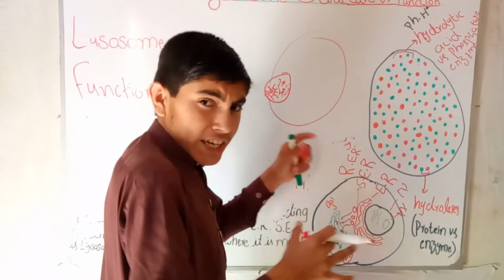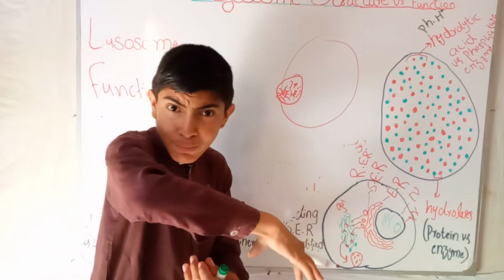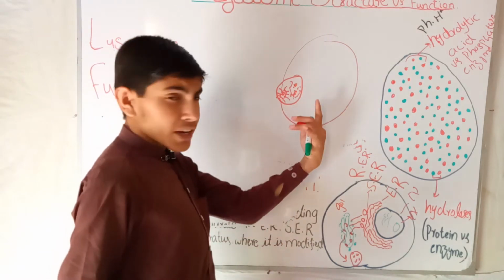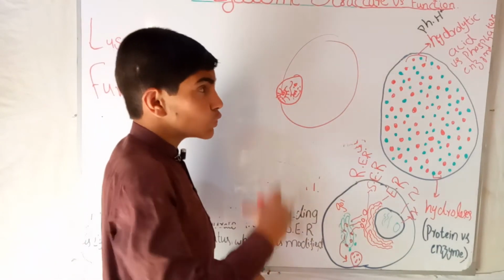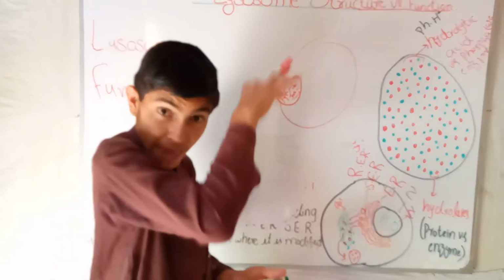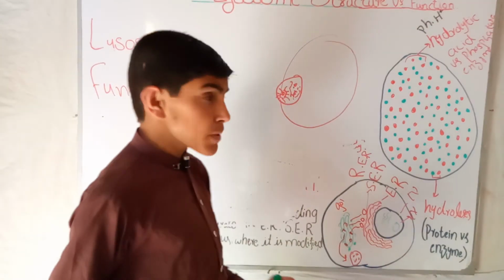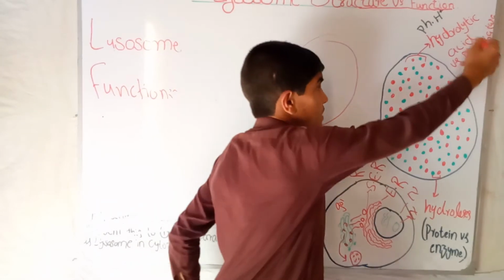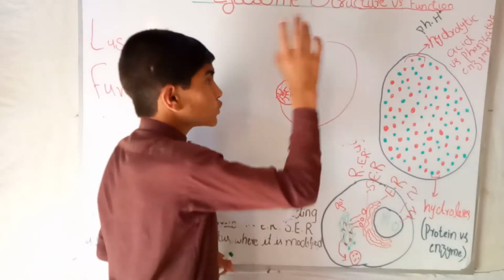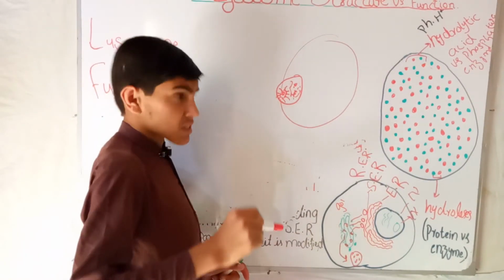It envelops the coronavirus directly, so the coronavirus cannot perform its function in the cell. This is due to the presence of some enzyme, some acid, which we call hydrolytic acid, which has a specific pH, and phosphatase enzyme. Due to these, it directly envelops the coronavirus.